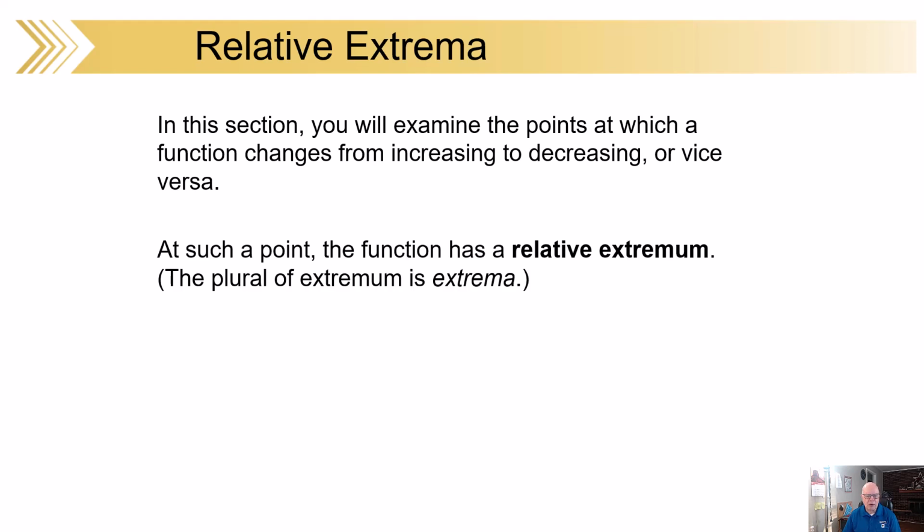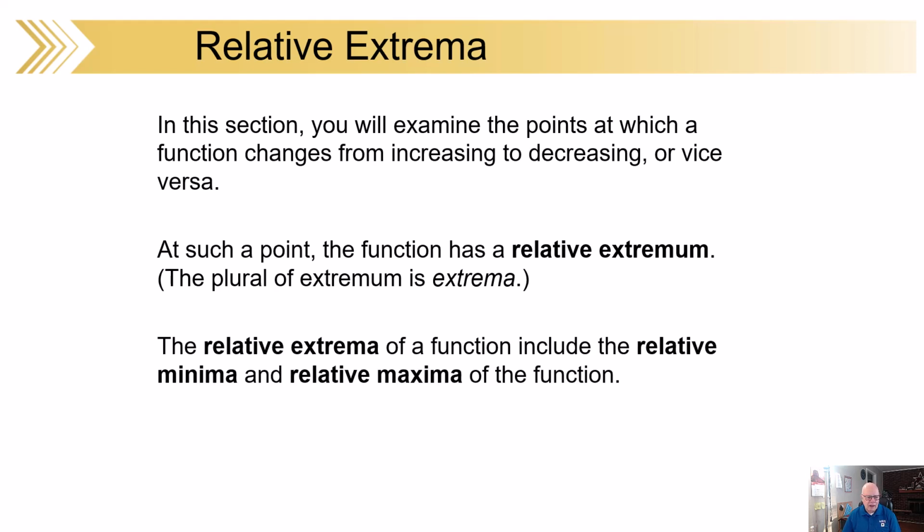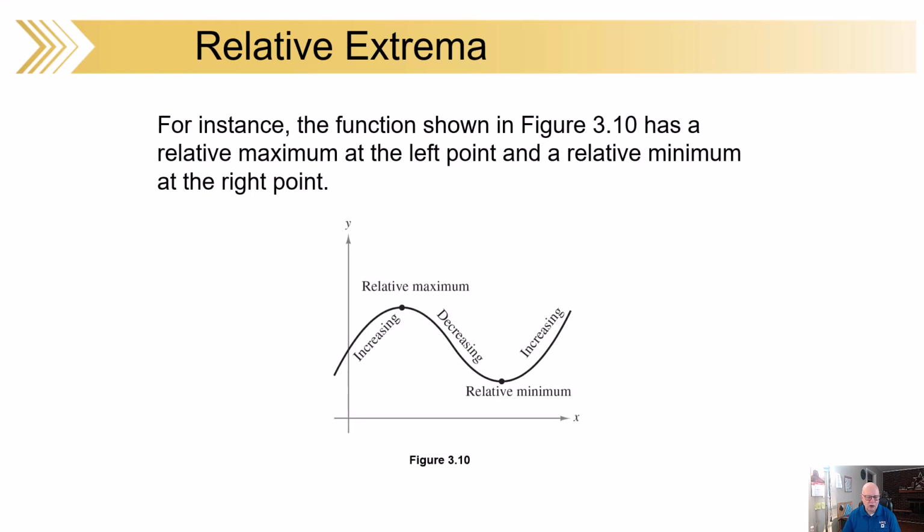At the points where it has a relative extremum, which just means extrema singular, and so on. Relative minima, relative maxima. It's exactly what it looks like or sounds like.